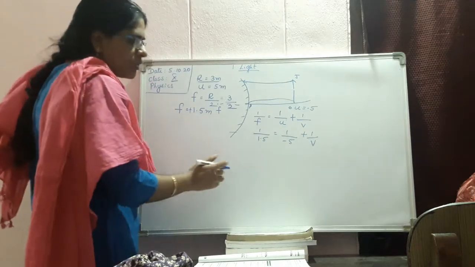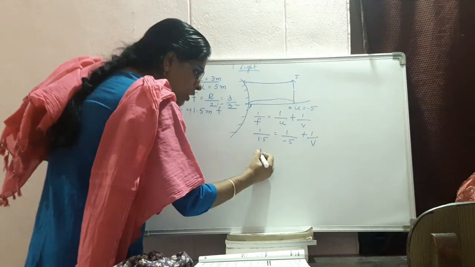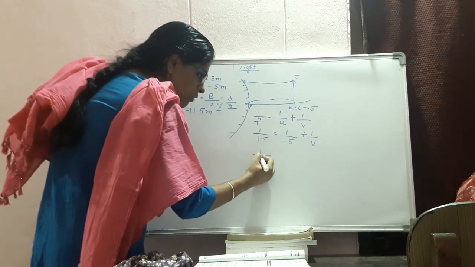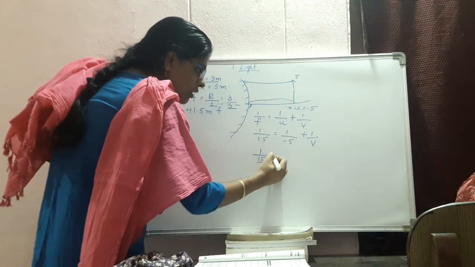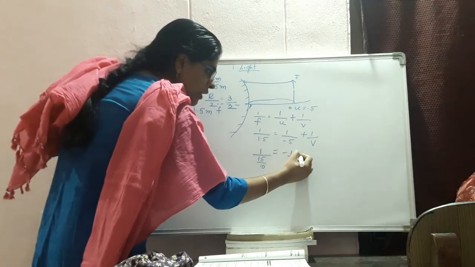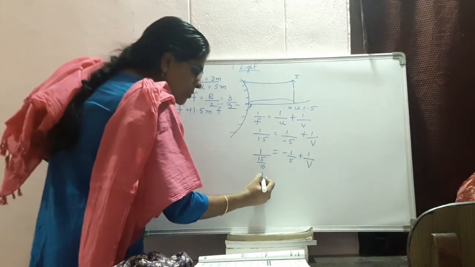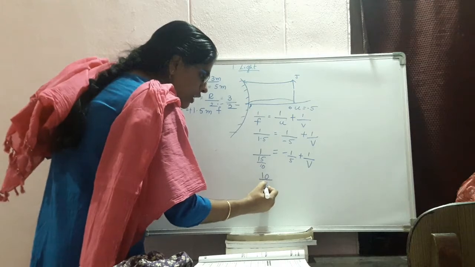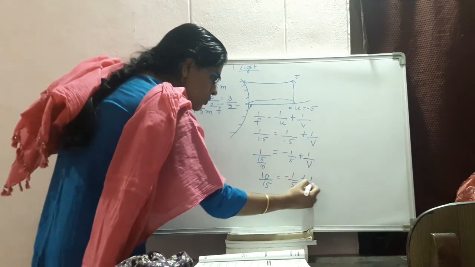In order to do the simple calculation, I am removing the decimal point. 1.5 is written as 15 by 10, equal to minus 1 by 5 plus 1 by v. When 10 goes upside, 10 by 15 is equal to minus 1 by 5 plus 1 by v.